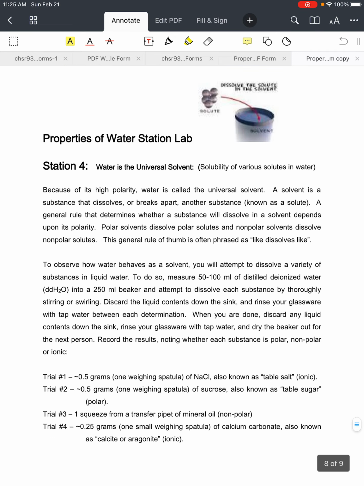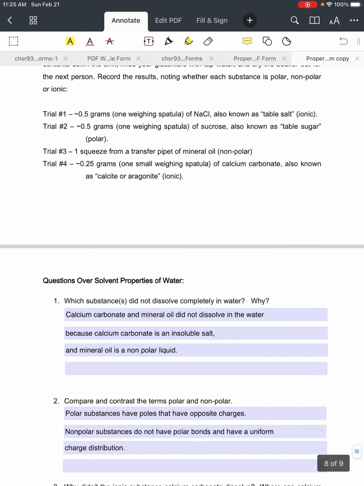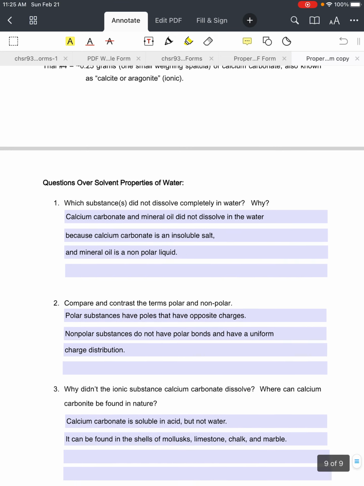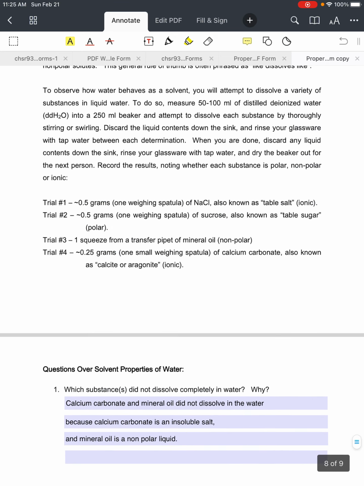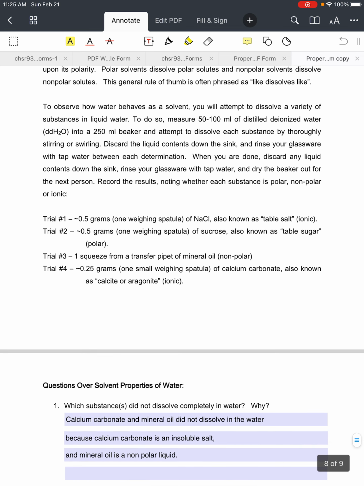And finally, we explored the solvent properties of water, and we tested 4 substances: table salt or sodium chloride, an ionic substance; table sugar, which is a very polar substance, but is not charged.